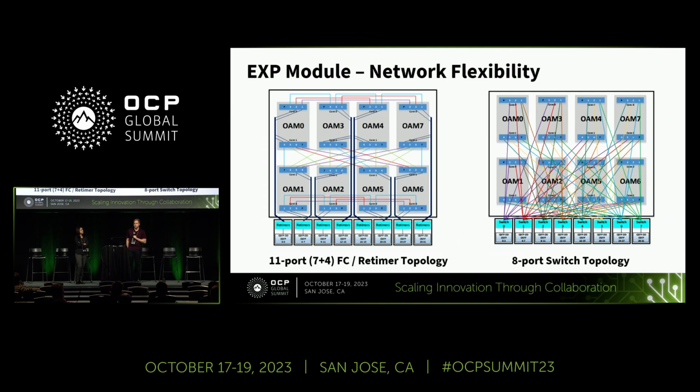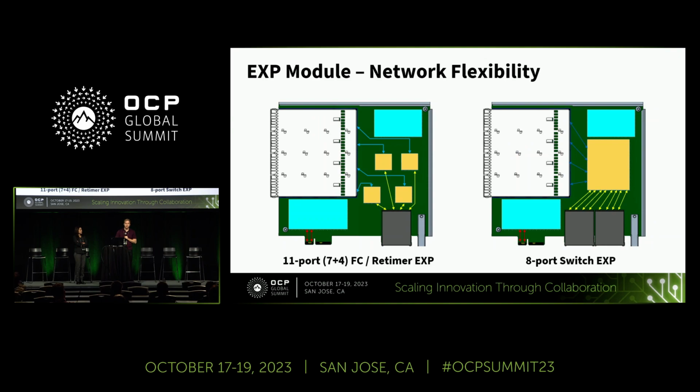The next few slides pick out a few of the key pictures that are in the document. These show how the network topology from the OAM to the expansion modules is achieved. You can see on the left, it's more of the retimer topology, and on the right, it's the switch topology. When you look at how that permutes to an expansion module layout, it looks something like this.